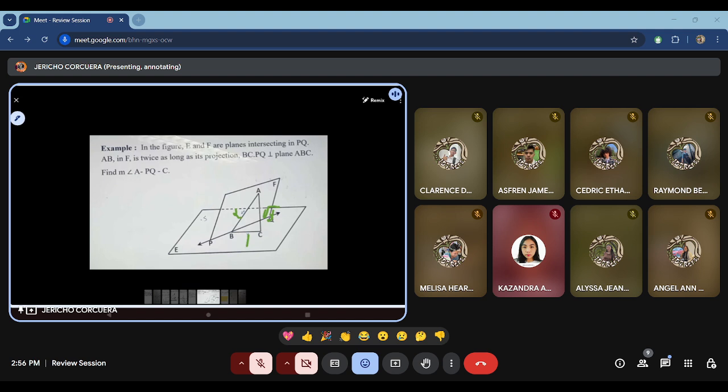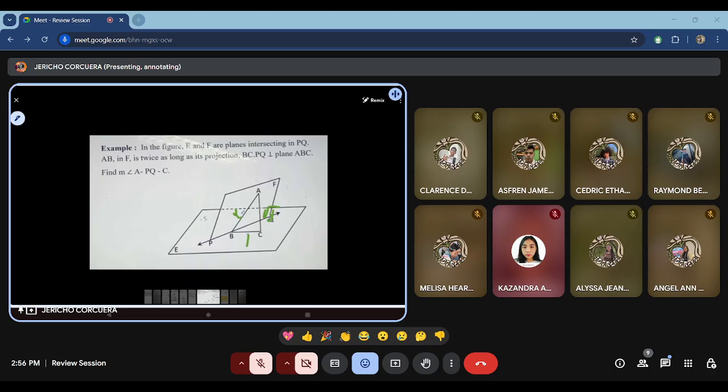If you look into the figure, BC and PQ are perpendicular to plane ABC. So we were looking for the measure of the dihedral angle APQC.